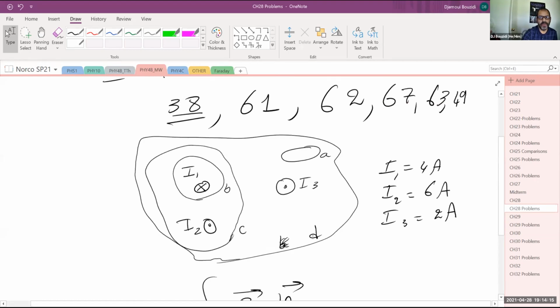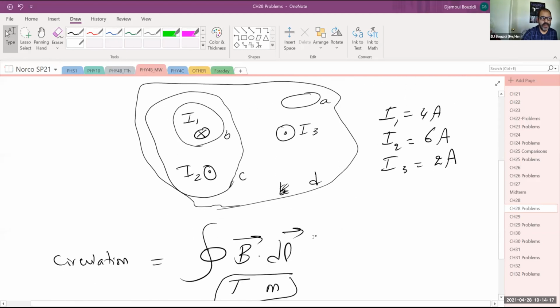The worst thing we could do is actually calculate this thing. We're not going to calculate B and plug in the value and start to go through. They didn't even give us what these paths look like. They gave us shapes, and I drew them in arbitrary shapes. They're not necessarily circles; they could be any complicated shape. The point here is that we're invoking something we know, namely Ampere's law.